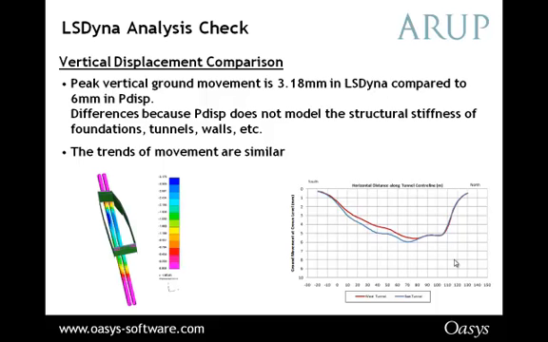But also, very comfortingly, you could see that the pattern of displacement along the LSDyna analysis is similar to the pattern of displacement along the Pdisp analysis. So the trends of movements in themselves are similar. As you can see, this is a very good verification of what Pdisp does, and it's quite comforting to see.